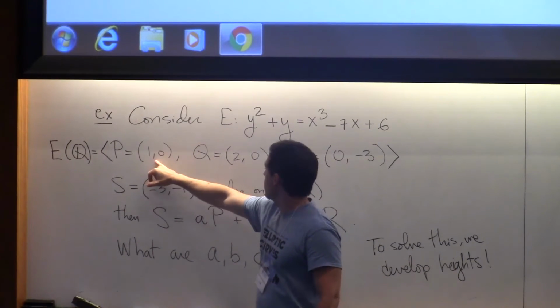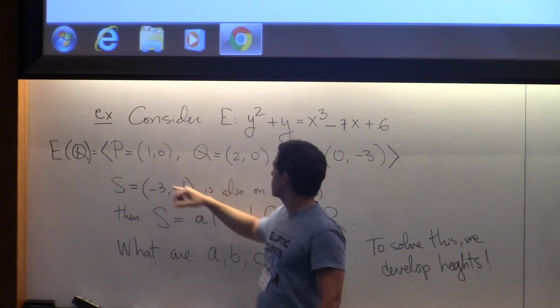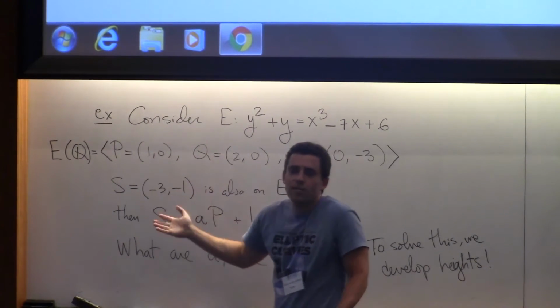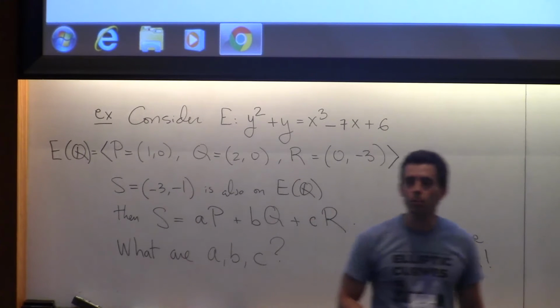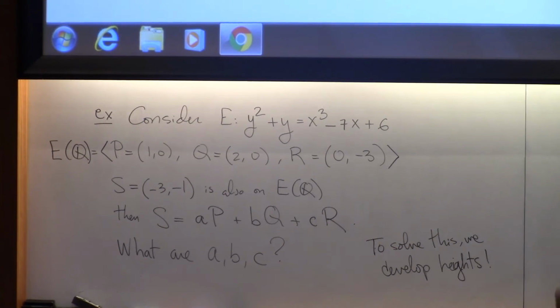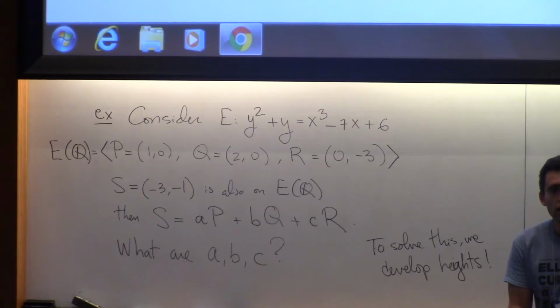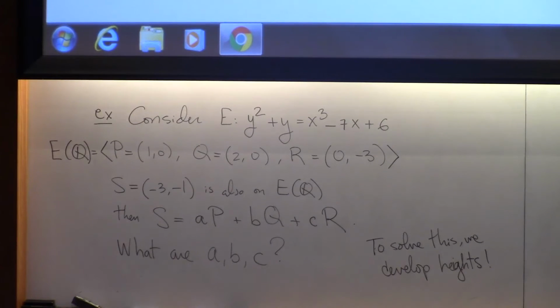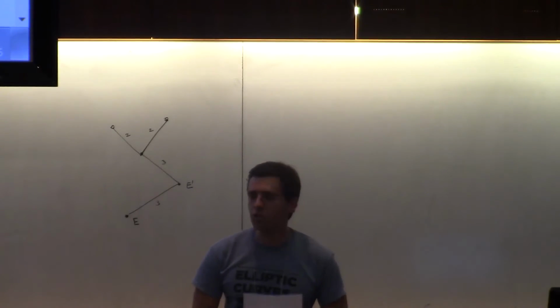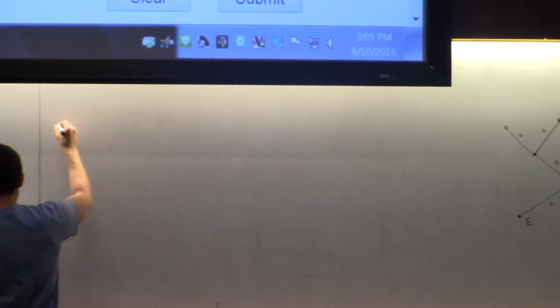This is bigger than that one because I have a 3 and a 1, and there's a 1 and a 0, there's a 2 and a 0, and a 3 and a 1 is not very compelling evidence there. But that's also what happens. If you add 2 points, you get something of higher height. So we're hoping that using height, somehow that's going to unlock the secrets of how addition works. And it does. So let's define heights as follows.